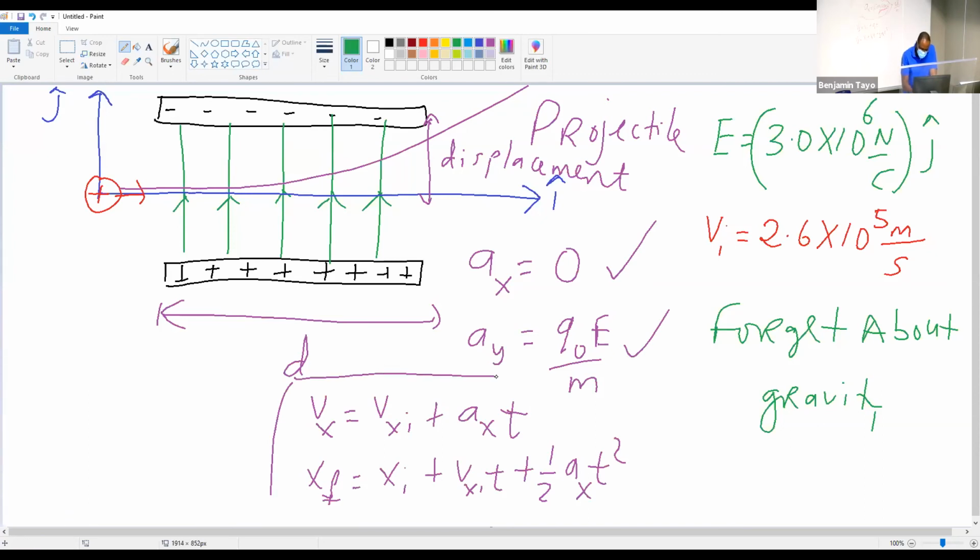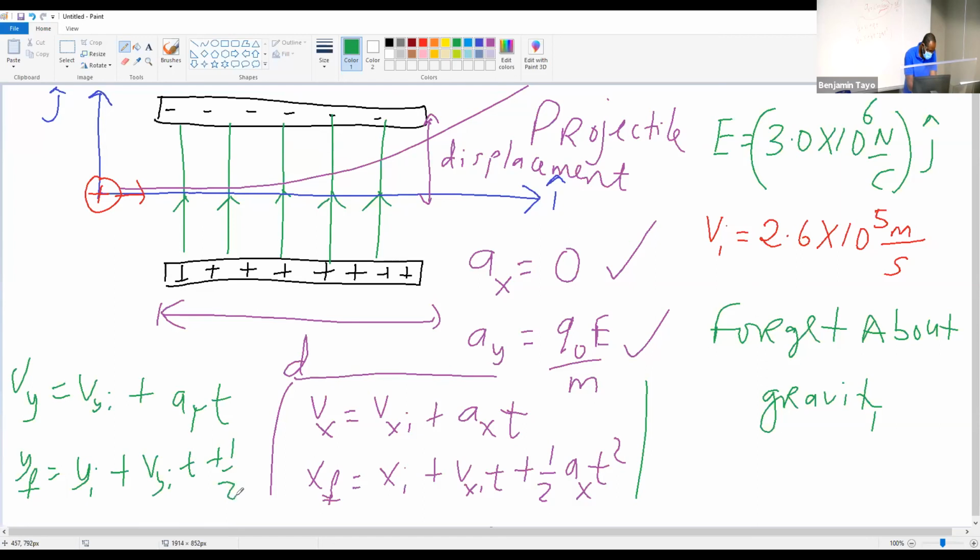Then I can also write motion equations in the y direction. So Vy is equal to Vy initial plus Ay times t. And then something like, let's say, y final is equal to y initial plus Vy initial times t plus 1/2 Ay times t squared.